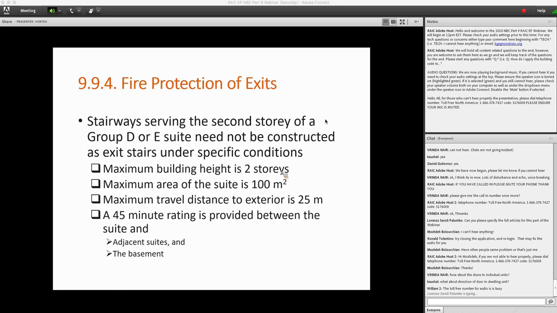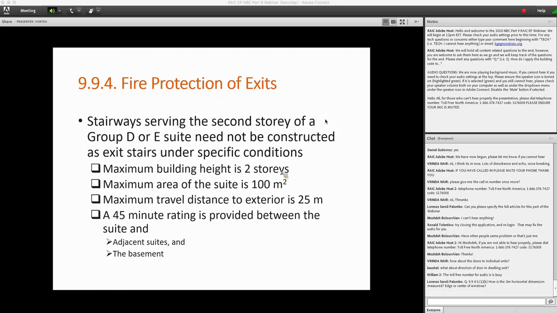So still on the fire protection of exits, the code has some waivers for stairways that serve the second story of a Group D or Group E suite.